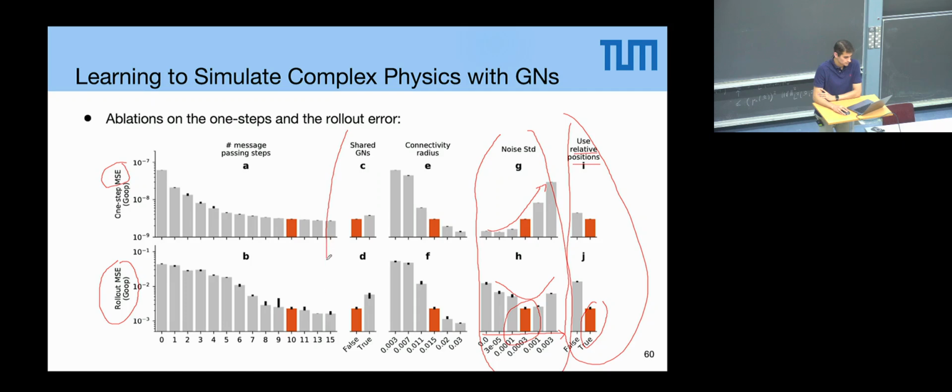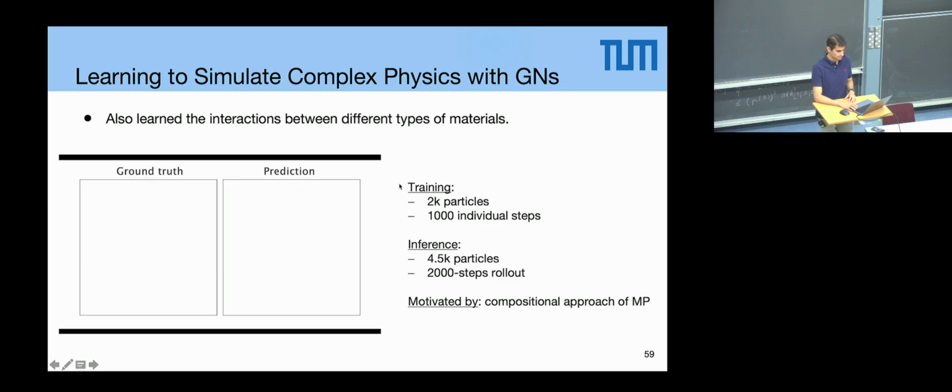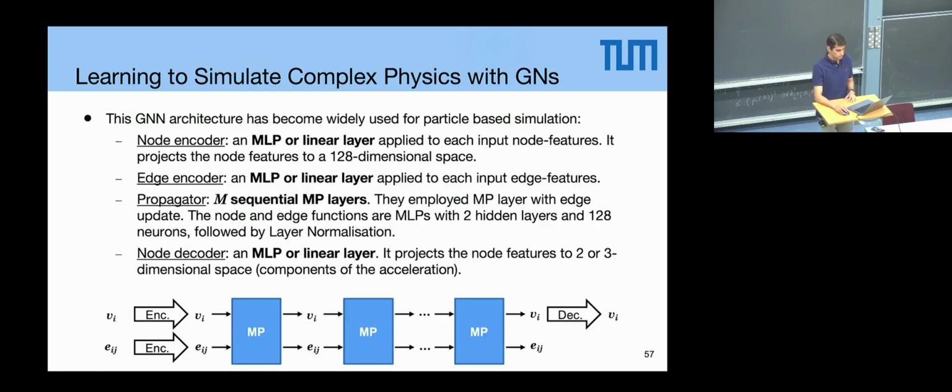In this other column, we have the alternative of sharing the weights between the message passing layers. So in this GNN that we have, these message passing layers are all the same, but they can be sharing the weights or having different weights that have to be learned independently.